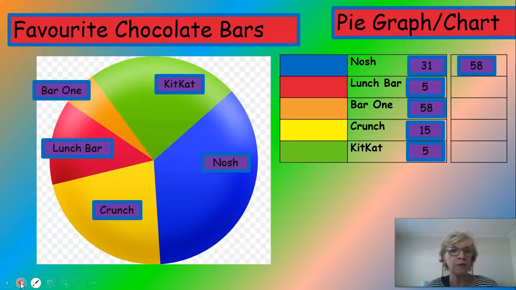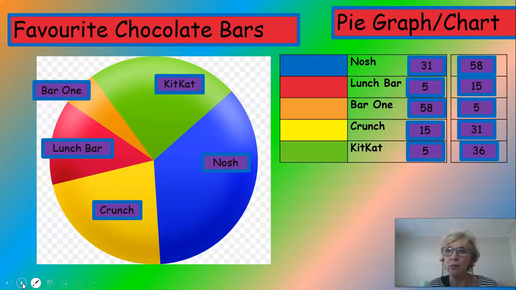So Nosh got 58, that's the most. Kit Kat was the next biggest, so that must get the 36. And girls and boys, can you see I've made a mistake here? This shouldn't be 5. I've got 2 5s, so that is incorrect. So the next one is 31, and then 15 is your Lunch Bar, and then your Bar 1 is the last one.